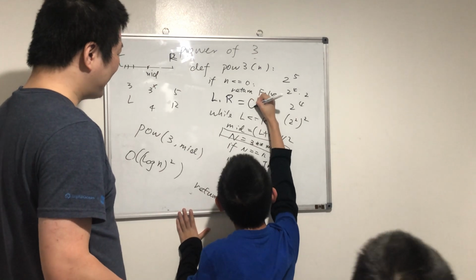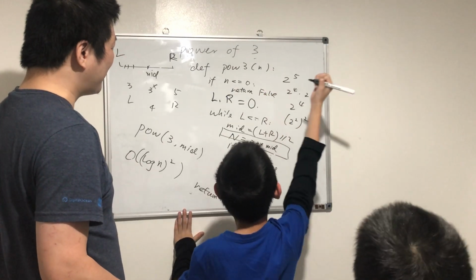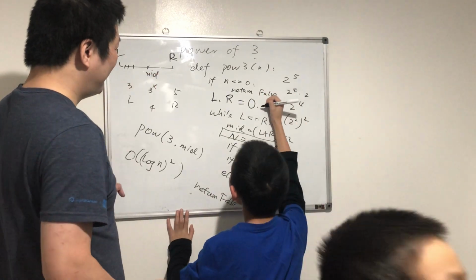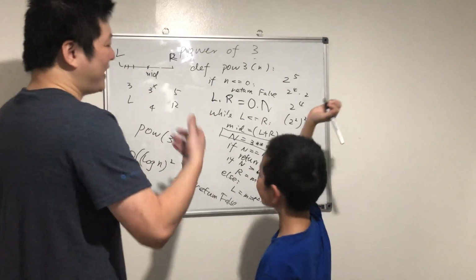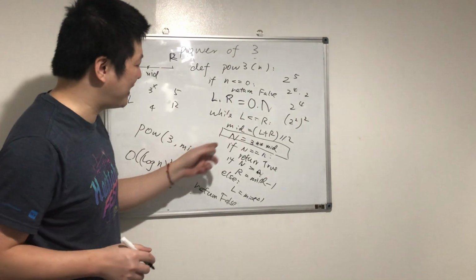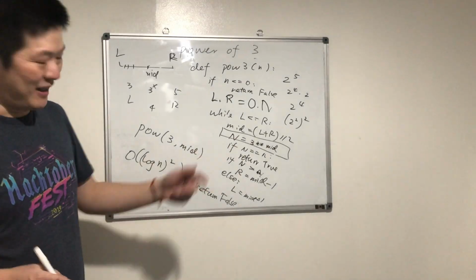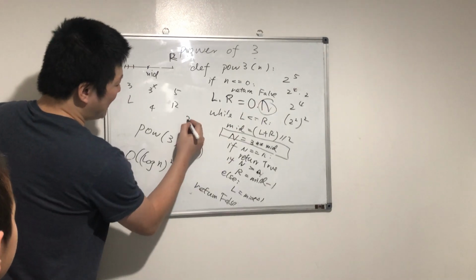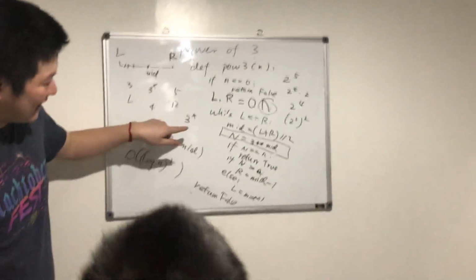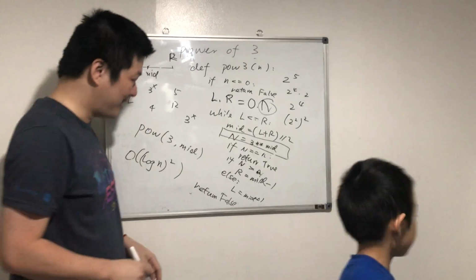What's the right boundary? N, or a very big number is okay, as long as it's bigger than 3 to the power of x. Well done.